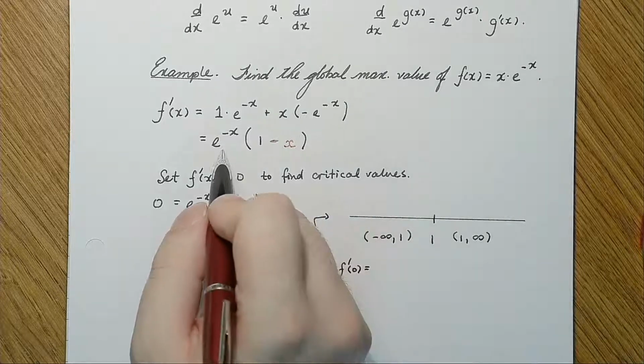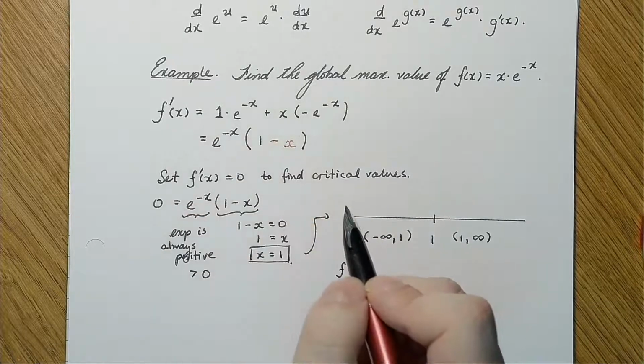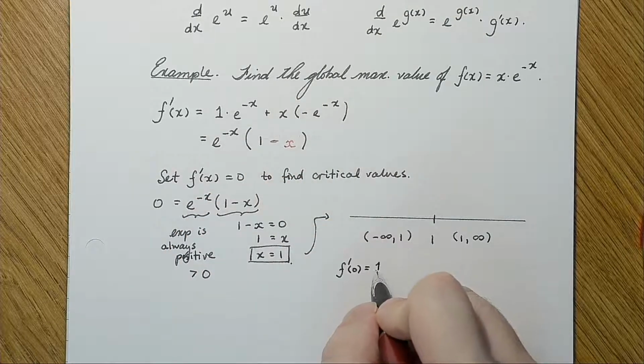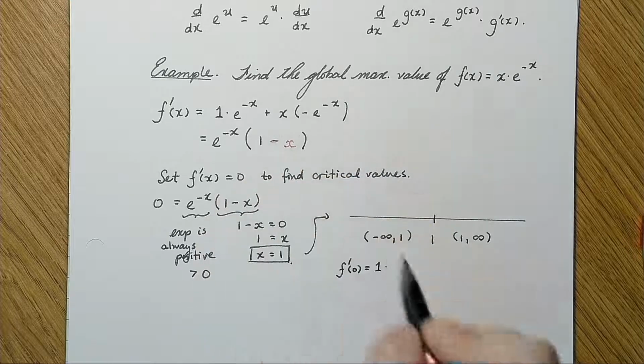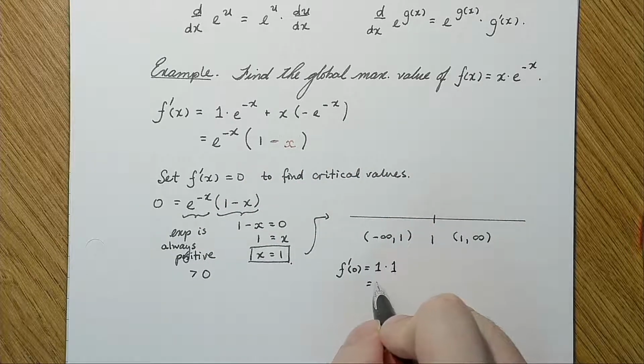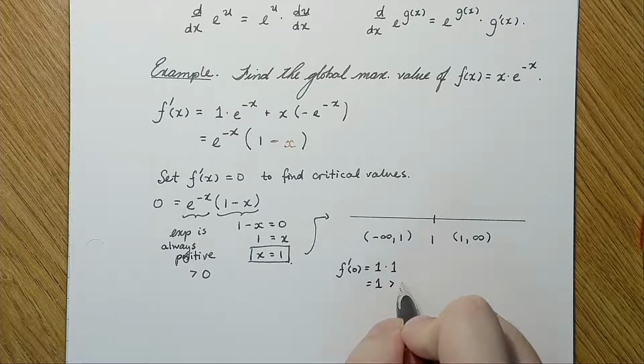This is the nice thing about picking 0. I have e to the 0, that gives me 1, times 1 minus 0, that gives me 1. So that is equal to 1, which is positive.